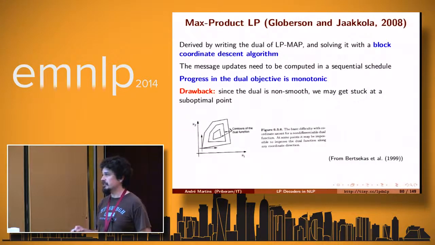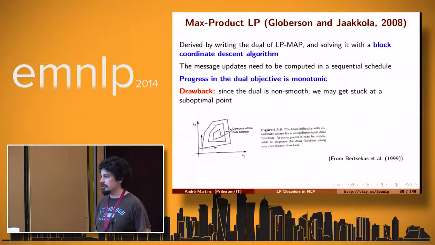The drawback is that the dual of LP-MAP is a non-smooth optimization problem. And a general fact about coordinate descent with non-smooth objectives is that we may get stuck at a suboptimal point. For example, you can look at this plot here, taken from one of Bertsekas's books, where the objective that you are optimizing is non-smooth.